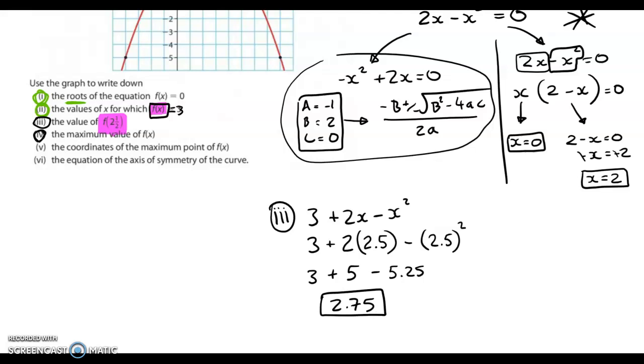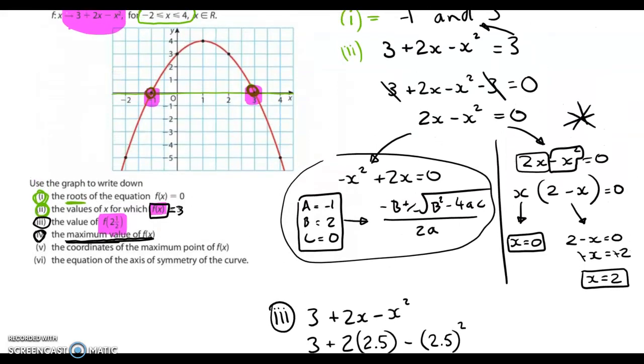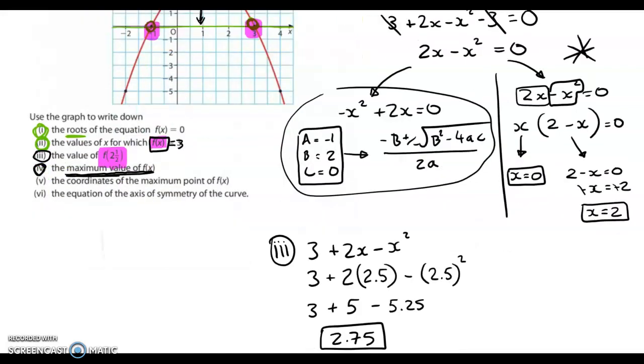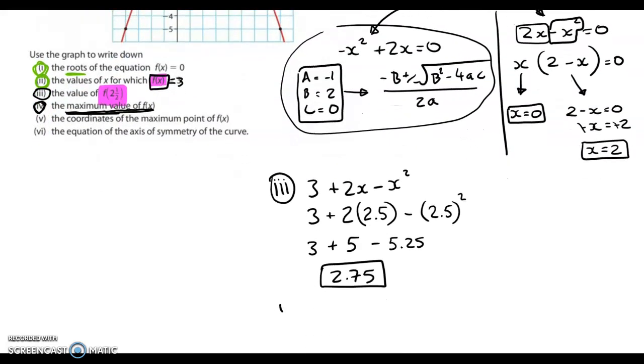Part 4, the maximum value of f(x). So that's where you look at the graph and you see where is the graph at its highest point, the maximum, and it's here. And where is that? It's at 1. Okay, straight down, read off the x-axis, you get 1. So the answer to 4 is 1.